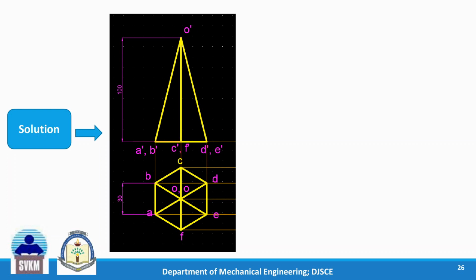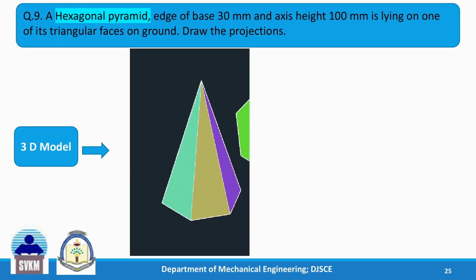We already solved this in the session 1, lecture 1. So this is how it is kept. It's a hexagonal pyramid, so hexagonal pyramid is just kept on HP with the two base edges perpendicular to XY here, and in the front view you're going to see these two triangles. Okay, now this is the first step.